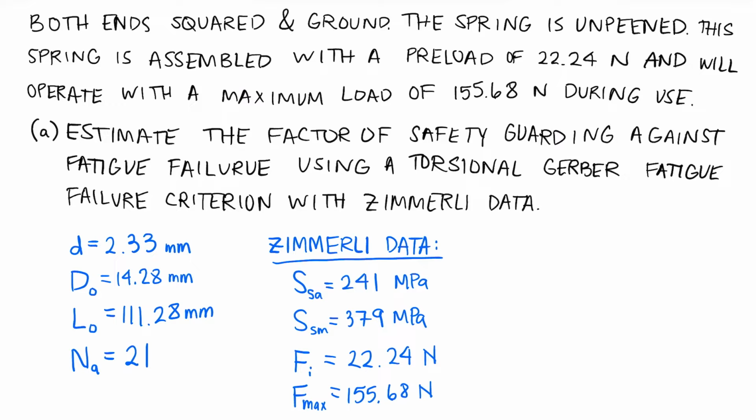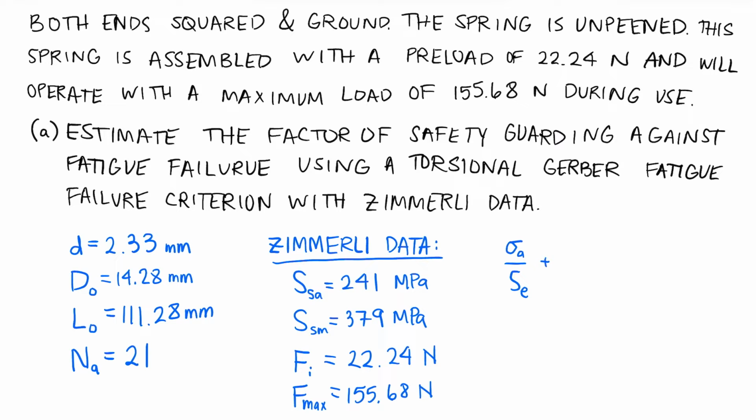Okay, and then the problem asks us to estimate the factor of safety using a Gerber fatigue failure criterion. So we haven't seen the Gerber fatigue failure criterion much in class, but it is useful for a demonstration in this problem.